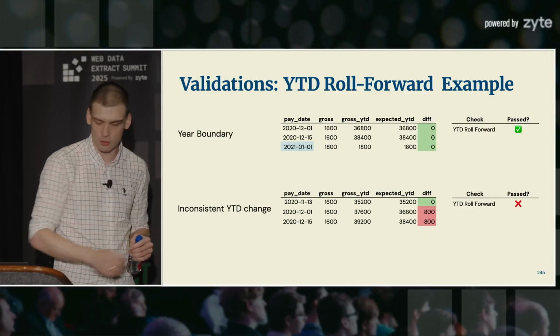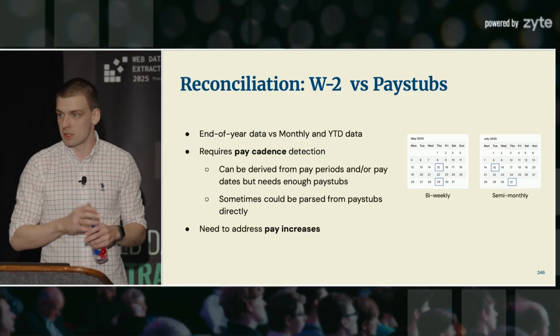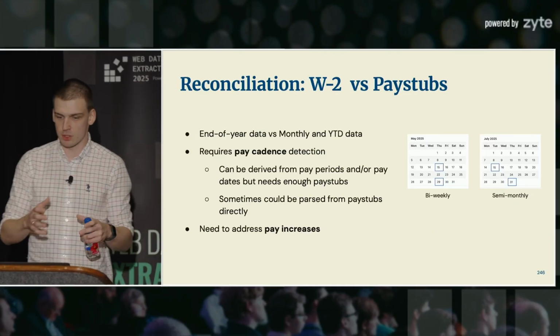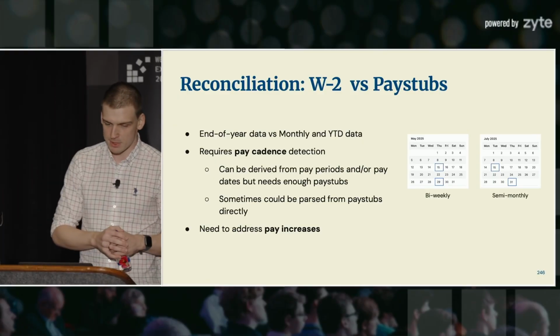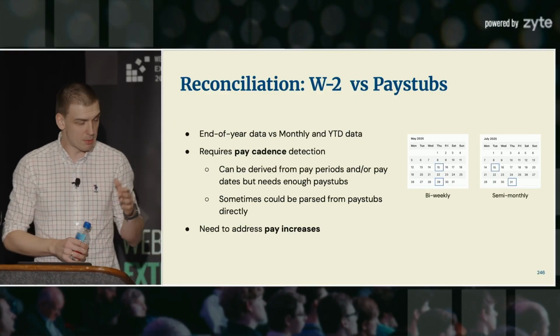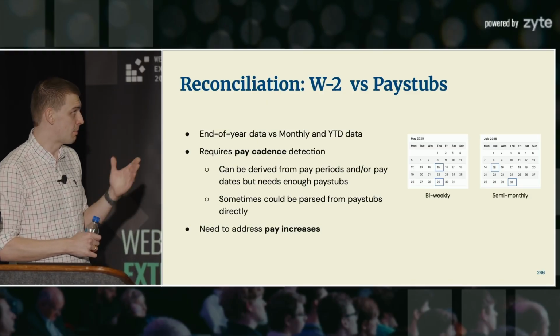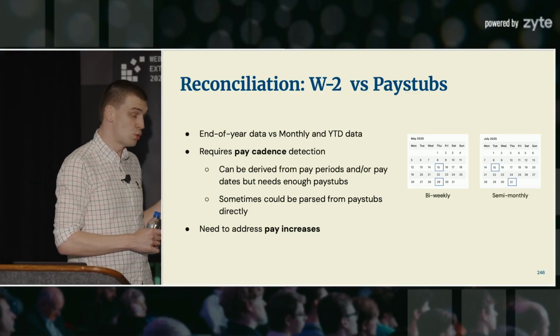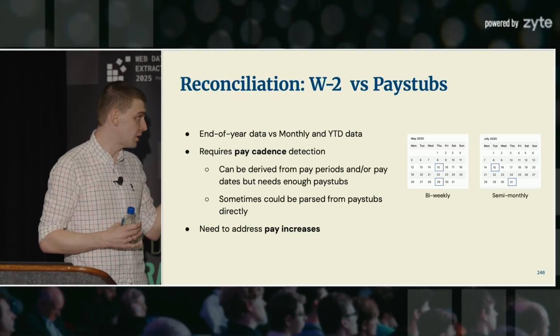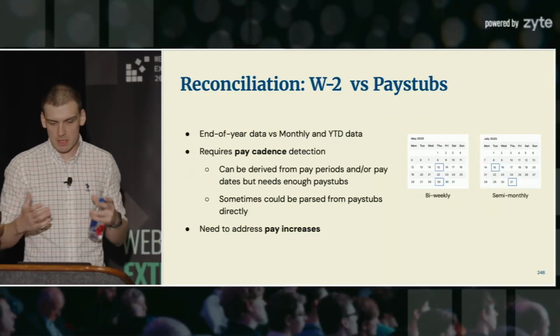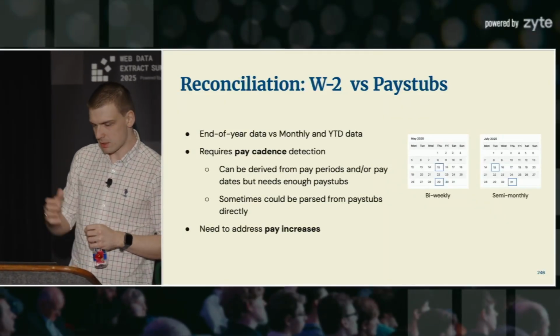Now let's talk about reconciliation, where we cross-check data from different document types. In this case, W-2s are our year-end anchors, and pay stubs are our monthly slices. To make them work together, we need to identify pay cadence, which can be derived from pay periods and pay dates.